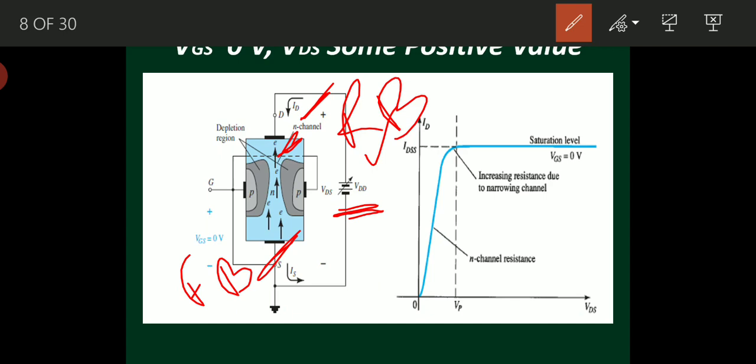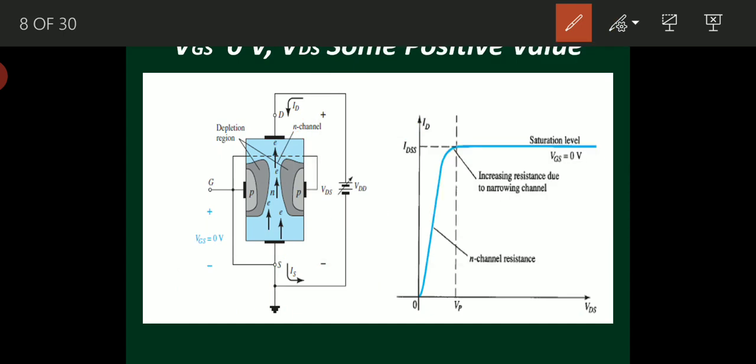So simply we can say from this schematic that at the forward biased side the depletion region is very, very small, and at the reverse biased junction the depletion region, you can see here, is very large.